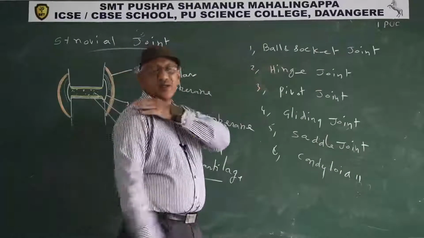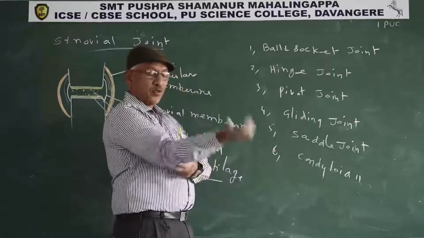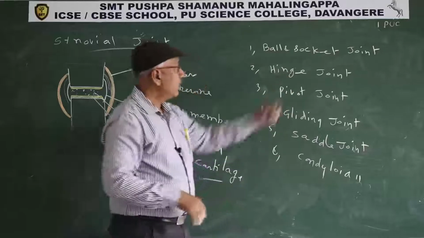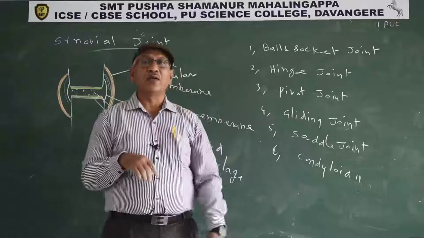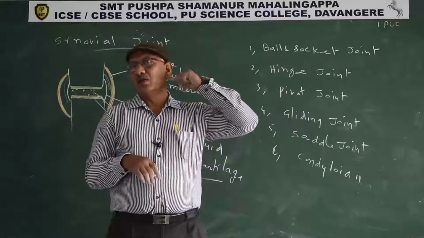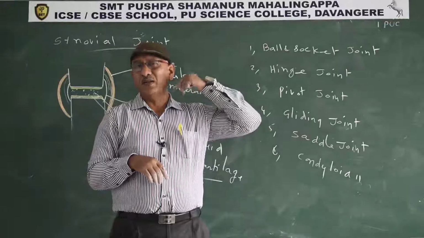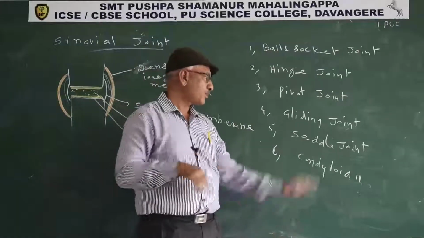Ball and socket joint. Hinge joint: elbow joint and knee joint. Pivot joint: rotatory movement. The pivot joint is present between the atlas and axis, the first and second neck vertebrae.